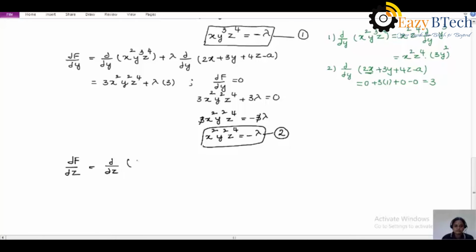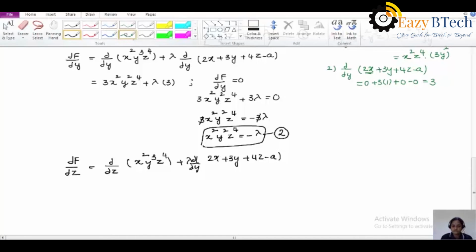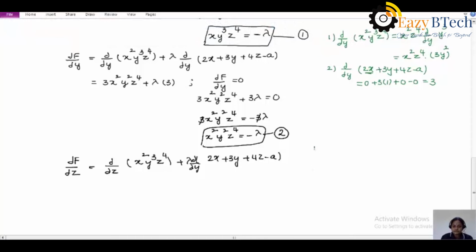So the same procedure for partial differentiating with respect to z. Then ∂/∂z of x square y cubed z power 4 plus λ into ∂/∂z of (2x + 3y + 4z − a). So here I am doing the partial differentiating of these functions. The first term is ∂/∂z of x square y cubed z power 4.